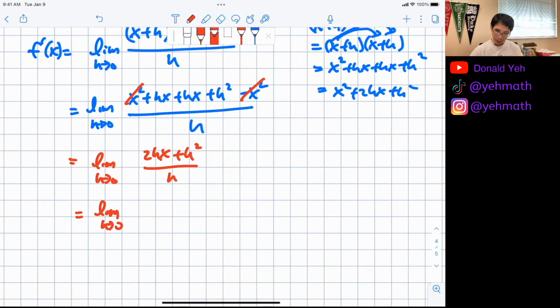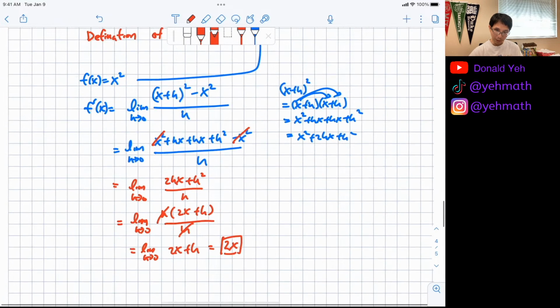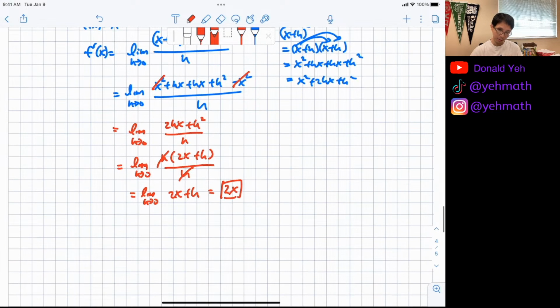Why do you want to factor out h? Because you want the h to cancel. That's the one that causes the denominator to have an issue. So this h cancels out. Then it's going to be the limit as h approaches 0 of 2x plus h. Now plugging in h equal to 0, it's equal to 2x. So the derivative of x squared is always 2x. It cannot be anything else, just 2x.